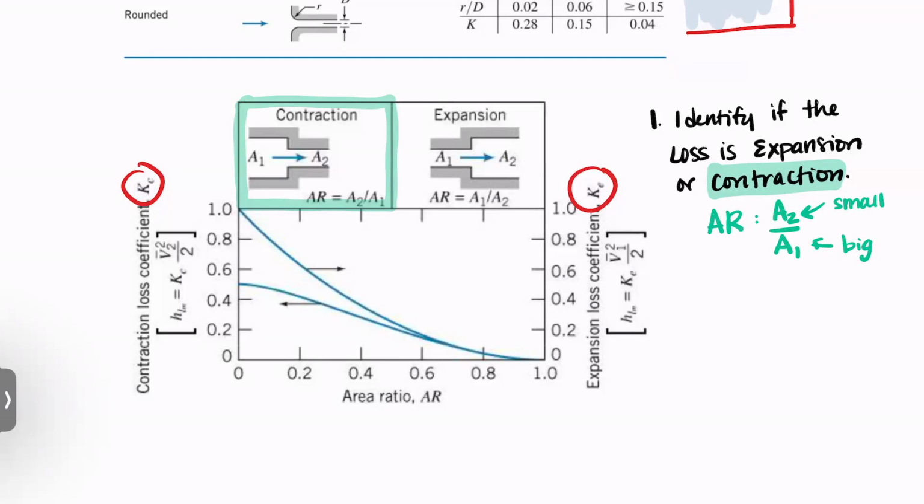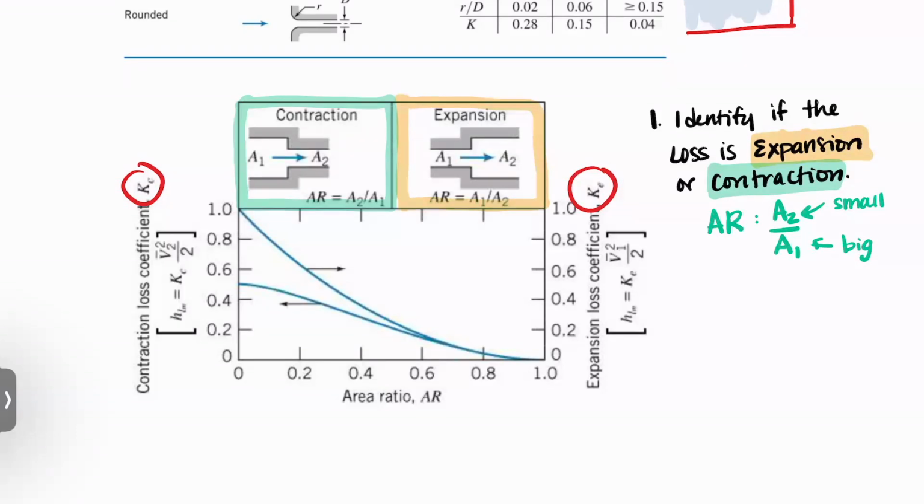If you have an expansion, then you're going to look at this one, and your area ratio is going to be A1 over A2, which again is the small one over the big one. So whether you have expansion or contraction, you always put the smaller area of your piping in the numerator and the bigger one in the denominator.